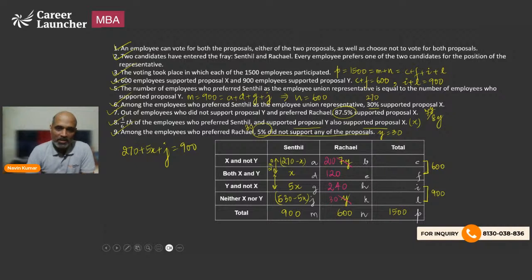So where did I miss? C plus F is 600, I plus L is 900, CFIL is the same.